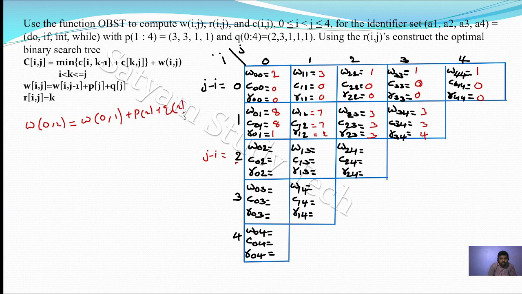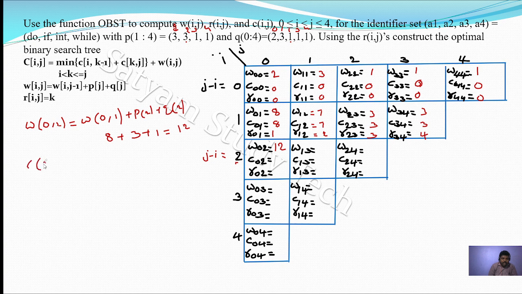So w of 0 1 is 8, plus p of 2. Here the indices are 1 2 3 and 4, and 0 1 2 3 4. So p of 2 value is 3, plus q of 2 value is 1. So w of 0 2 value is 12. You can note down here it is 12.